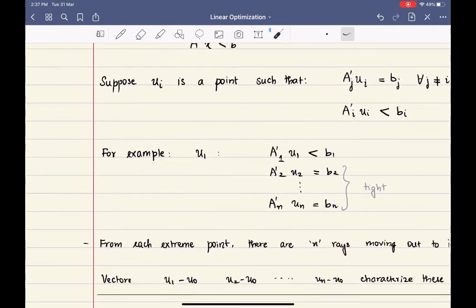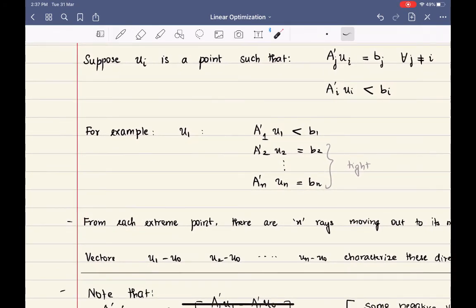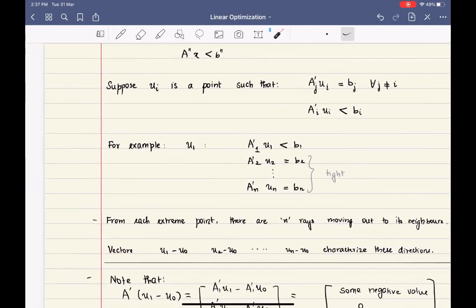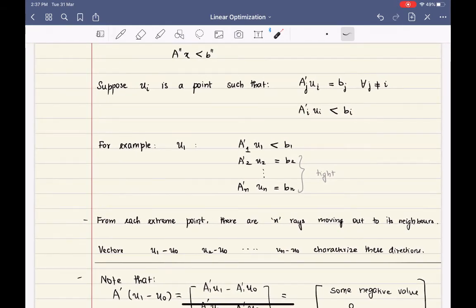Now, from each extreme point, there are n rays moving out to its neighbors. You can visualize it like that, obtained by relaxing one of the hyperplanes corresponding to the n of them.